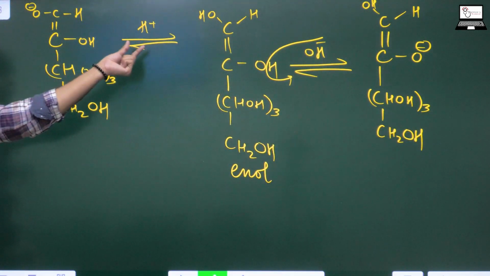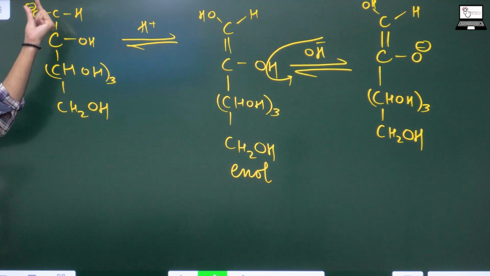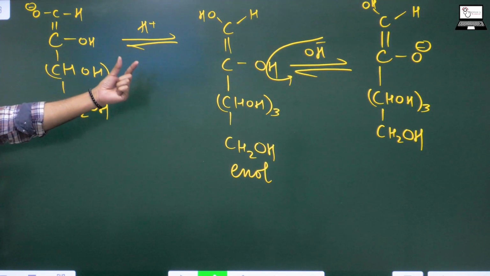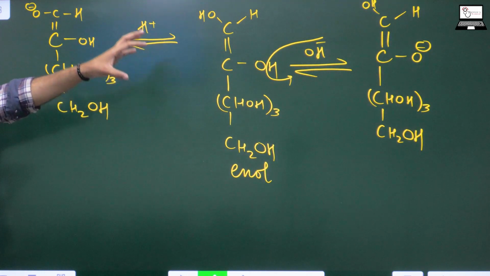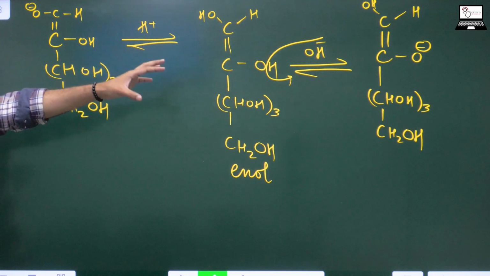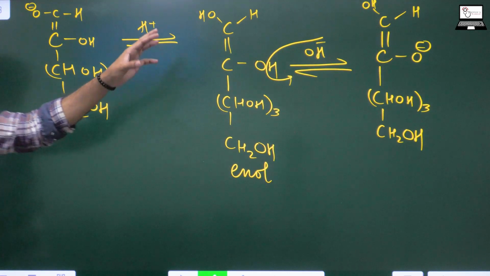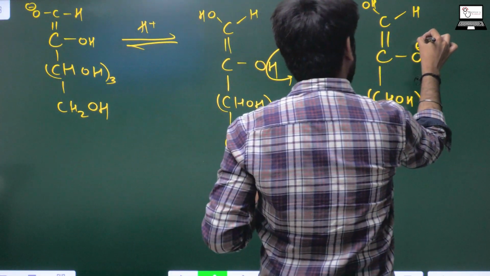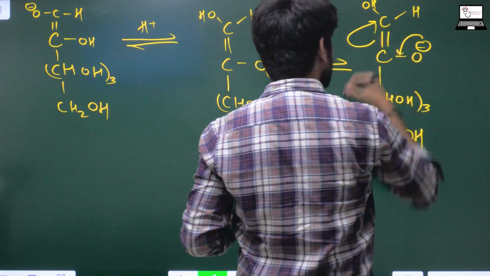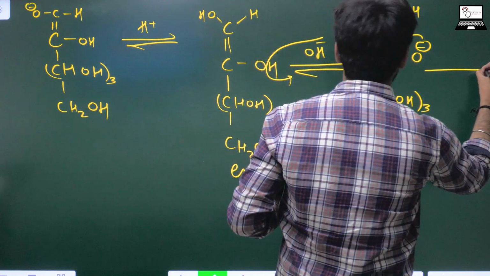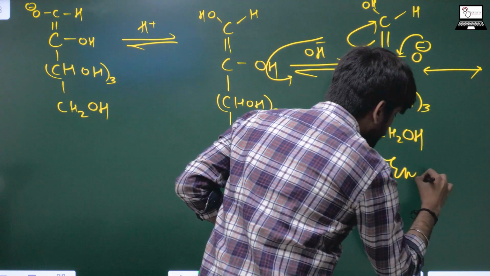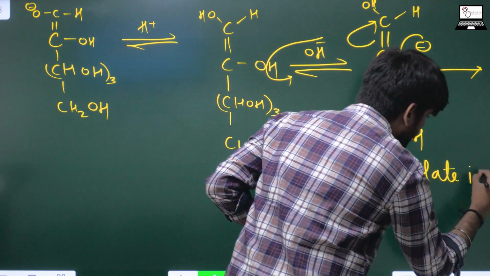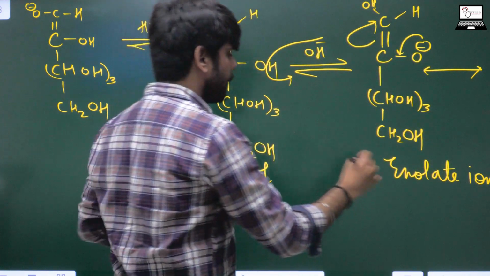So in the first step, I have performed the protonation on this oxygen. What I end up getting is that ion. So now what will happen? You know that this is resonance stabilized like this. This is your enolate ion. Again, this is your enolate ion. What will happen?